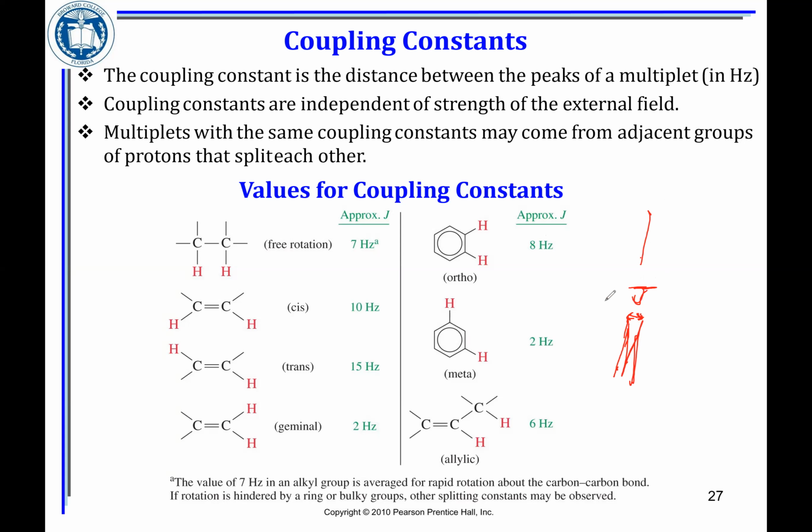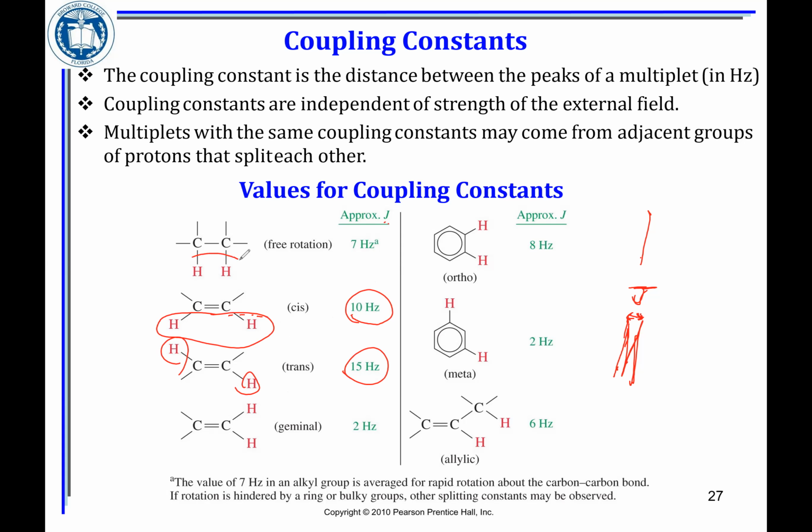I don't want you to be worried about those values. You won't get many questions about it, but just have an understanding that hydrogens from the cis position are going to split, and you have the J value. If they are in the trans position, the J value is different. So it is a method to distinguish between hydrogens in different positions.